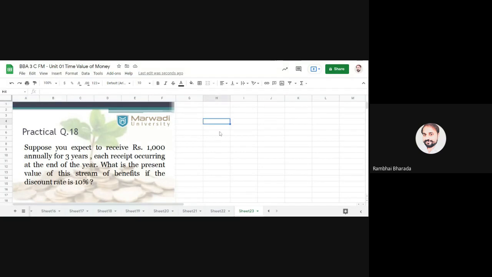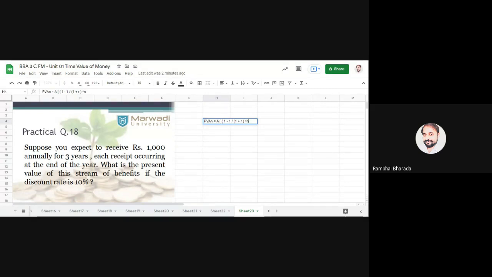Okay. Now the 4 steps remain the same. We just need to change the formula. Now write down the formula first. PVAn, present value of annuity, is equal to A in a bracket, counter bracket, 1 minus 1 divided by 1 plus r raised to n.